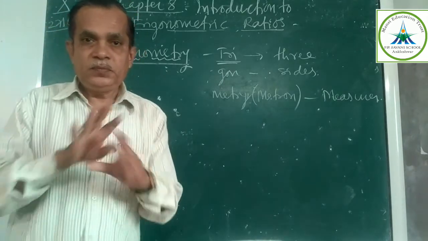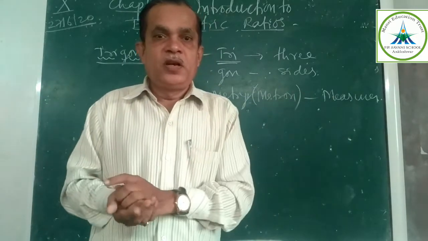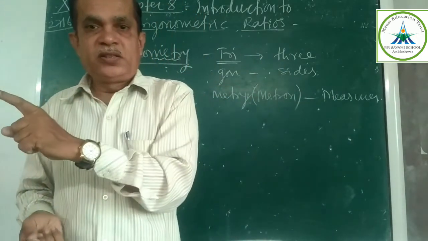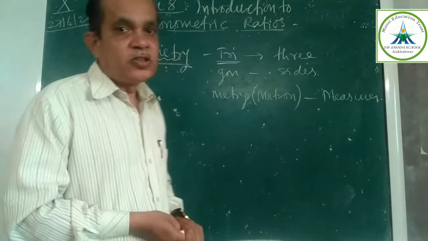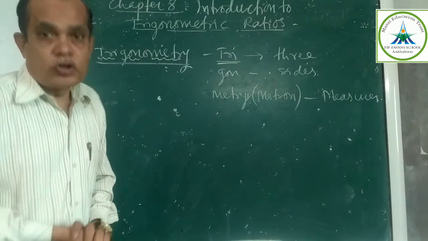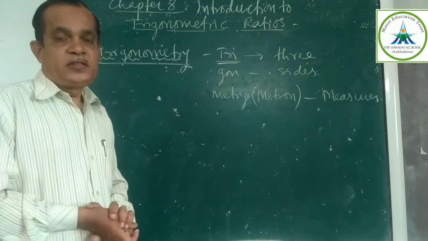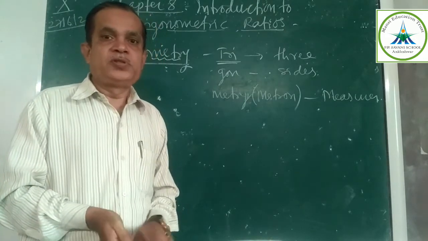Got it? What is trigonometry? Trigonometry is the branch of mathematics that deals with the study of the sides and angles of the right triangles, and the ratios of sides of the right triangles are known as trigonometric ratios.